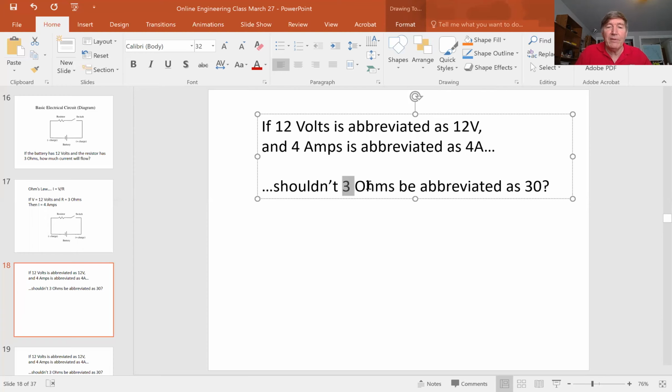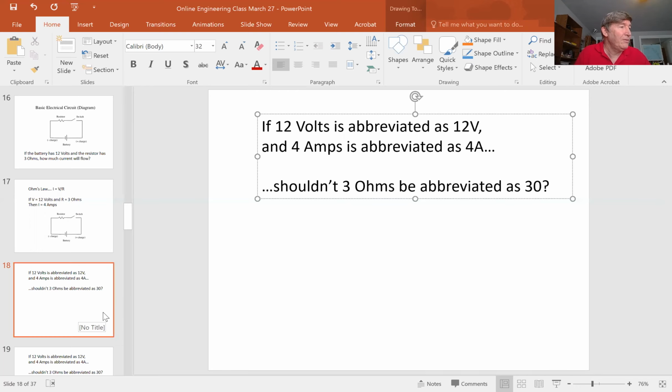So if I want to write my answer as 30 ohms, I'm sorry, 3 ohms, I'm getting ahead of myself here. Would it not make sense that I could abbreviate it as 3 O's? Is that not a logical way to do things? Oh, people are saying no, okay. Obviously that's not a good idea, because if I write it as 3 O's, people look at it and say, well, is it 3 O's or is it 30? So obviously not a good idea.